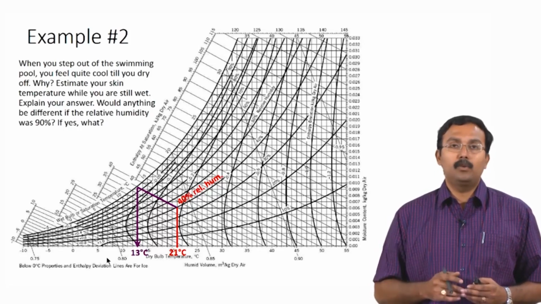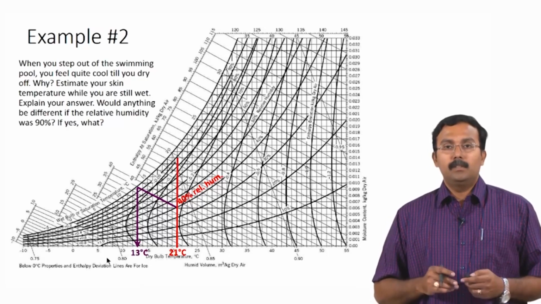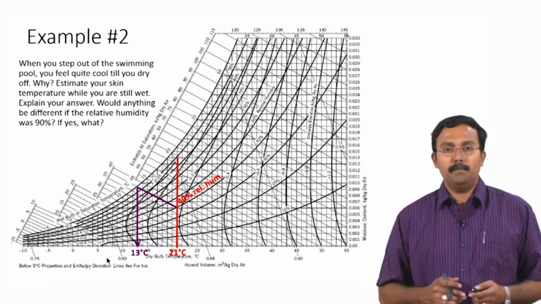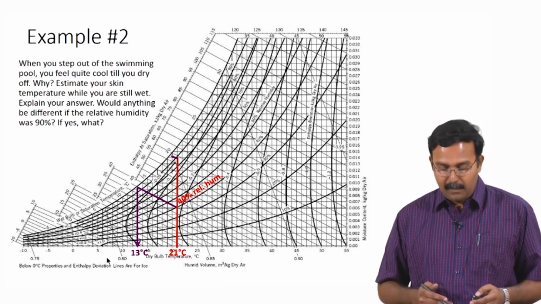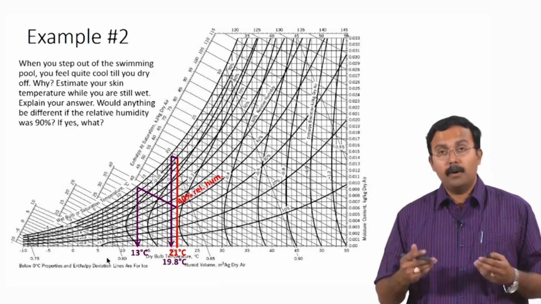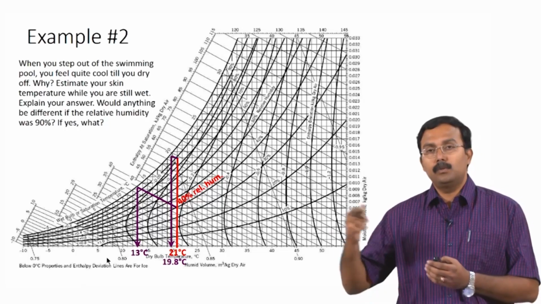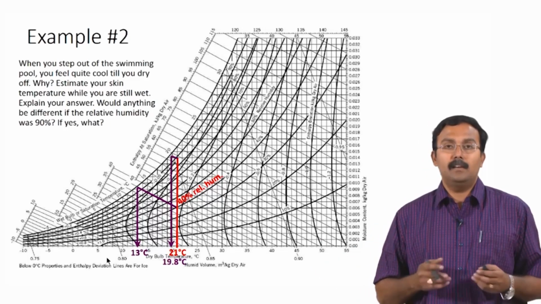That is why you feel a lot colder when you are wet compared to when you are dry at the same temperature. If you had 90% relative humidity instead of 40% relative humidity, you would have a wet bulb temperature of about 19.8 degrees Celsius, which is much closer to what is actually present in the environment, therefore, you would feel a lot better.